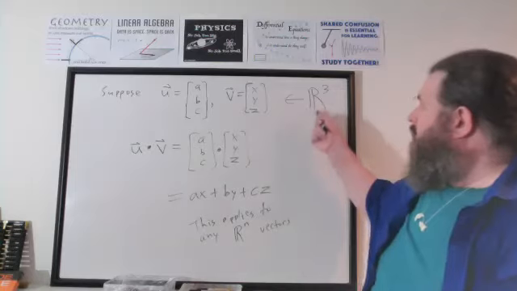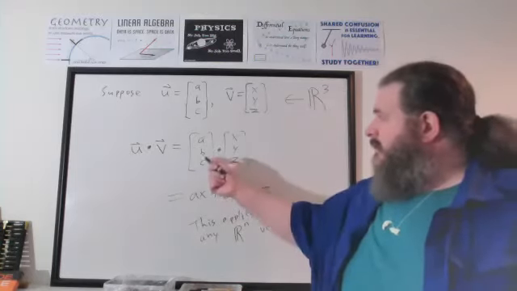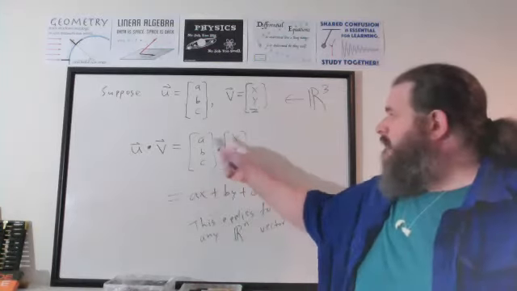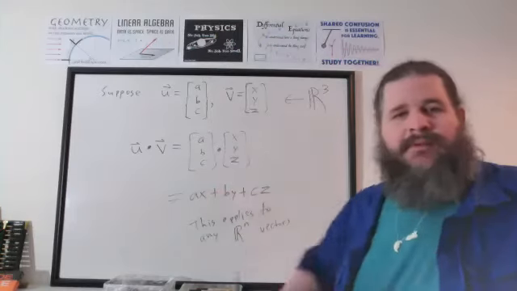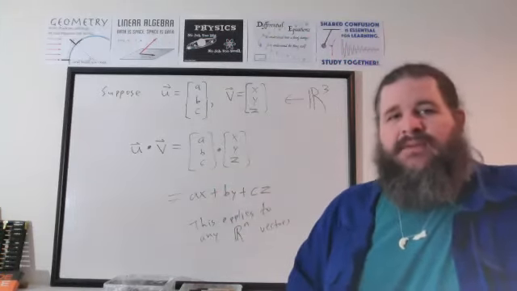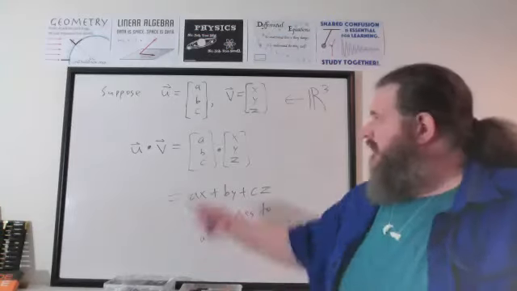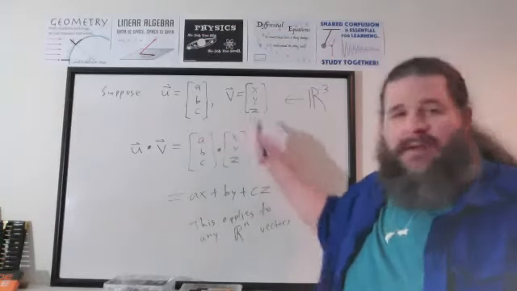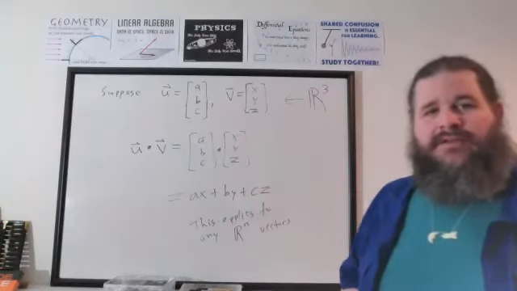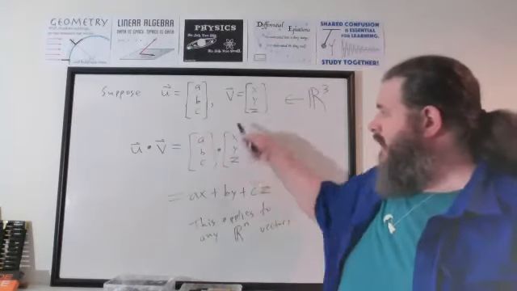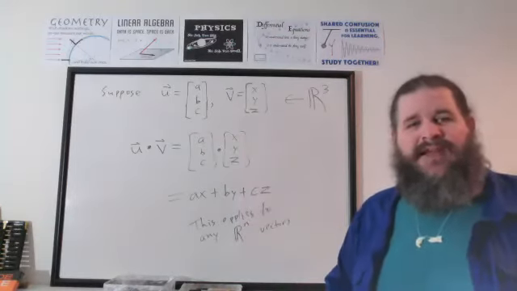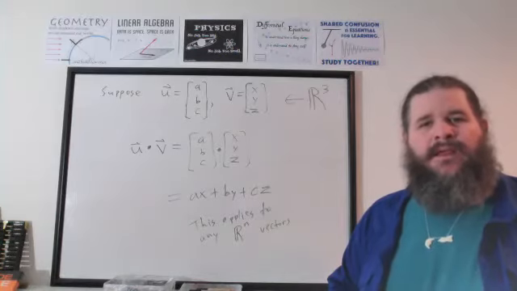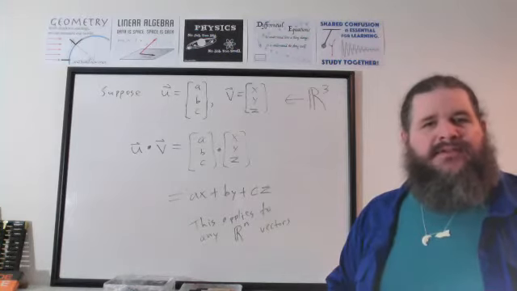But in R to the n, dot product is typically defined as multiplying the matching components and then adding them up. That means they have to be matching sizes, a 3 by 1 and another 3 by 1. You can't take the dot product of a 3 by 1 vector and a 4 by 1 vector. They have to have matching dimensions. Any questions on that so far?